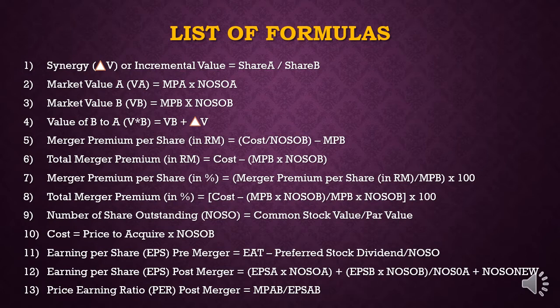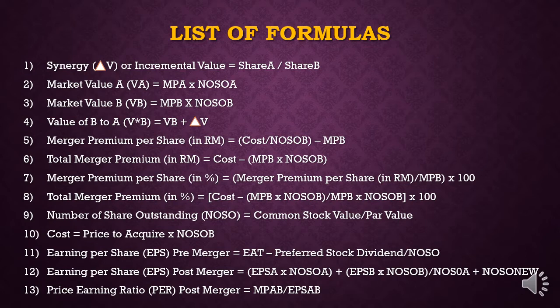What is the difference between formula number 5 and formula number 6? For formula number 5, you will calculate merger premium per share, while formula number 6 represents the total value of the merger premium.